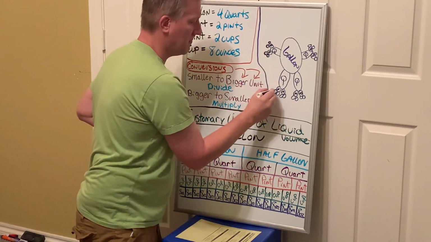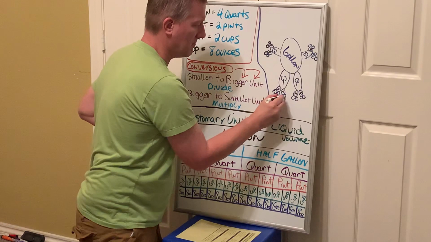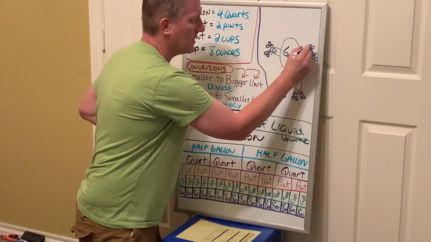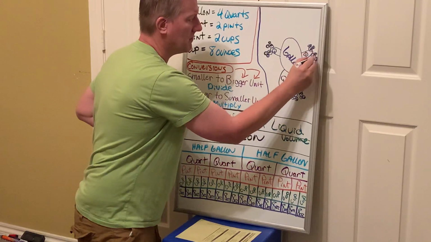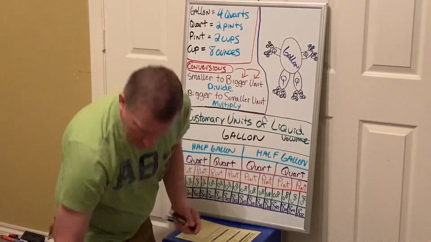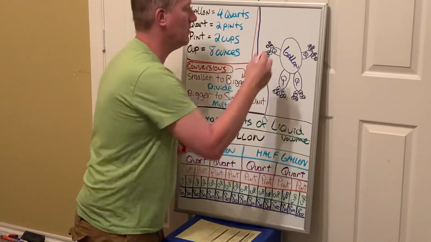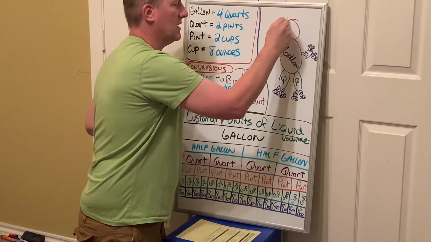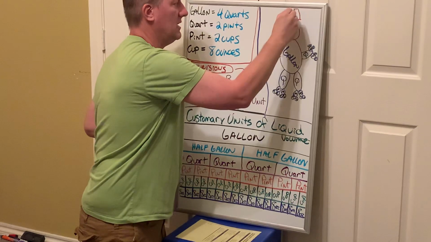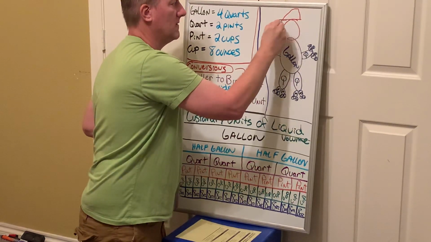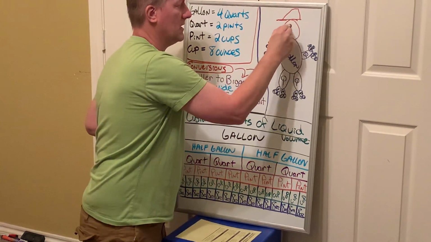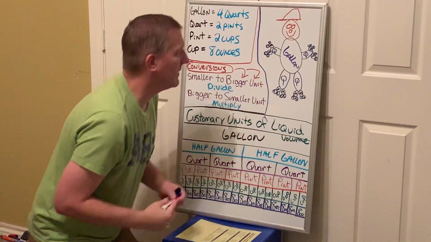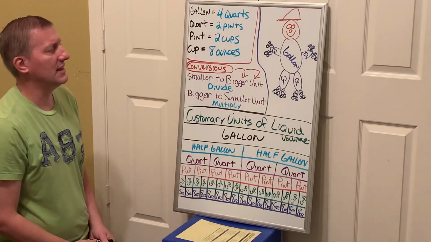Cup, cup, cup, and so on. All right, we should give it a little head here. We'll give it a head and a hat, and give him some eyes, a nose, and a mouth. And there we have our gallon guy.